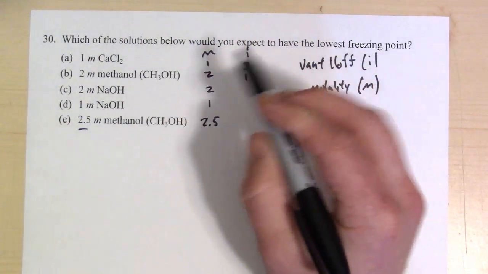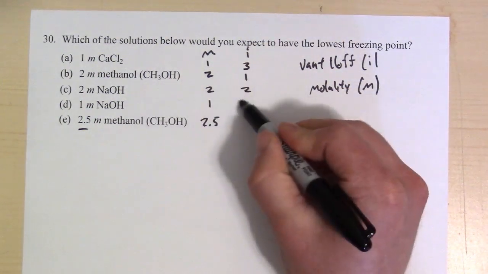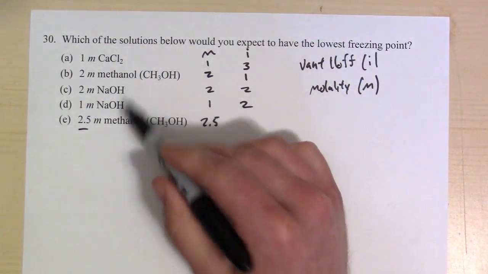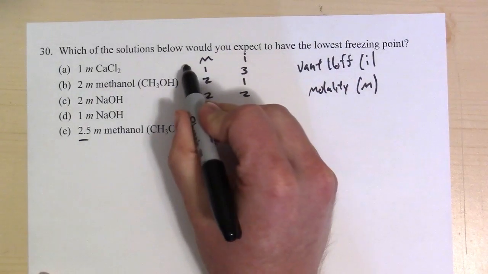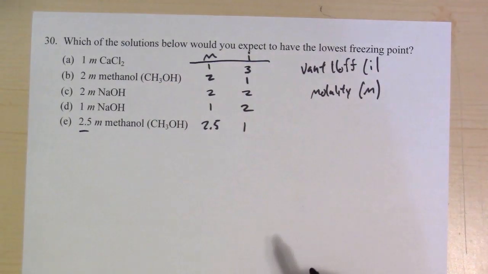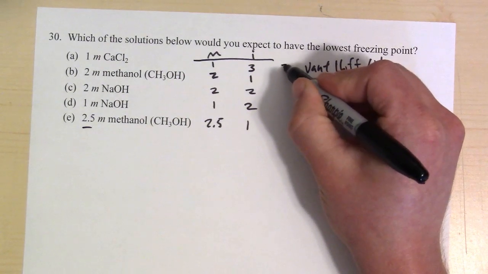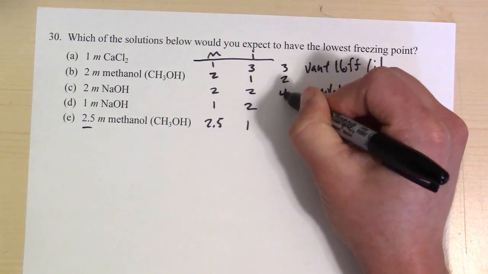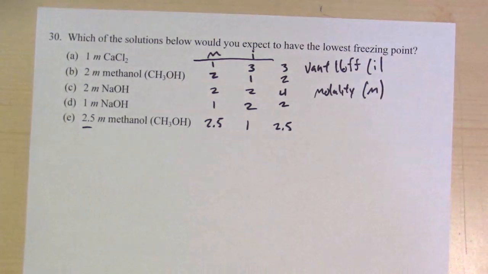Sodium hydroxide will break into sodium and hydroxide, so there will be 2. Sodium hydroxide again, and methanol, we said, was a non-electrolyte. So when you multiply m times i, that will give us 3, 2, 4, 2, and 2.5.